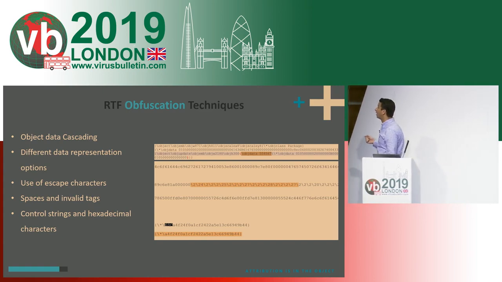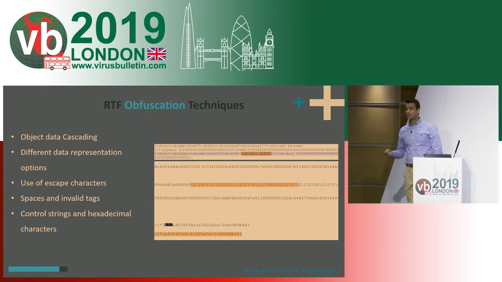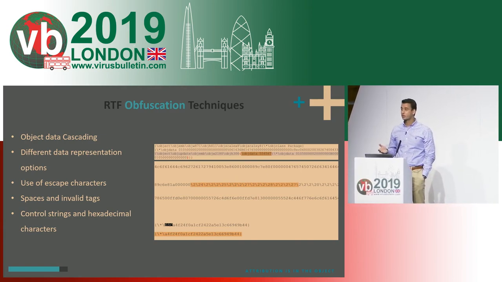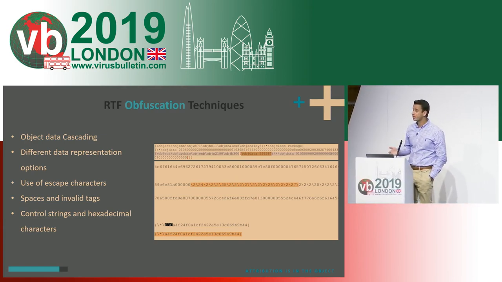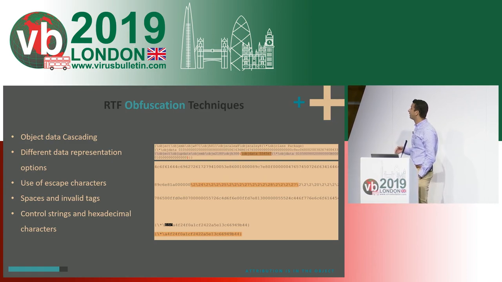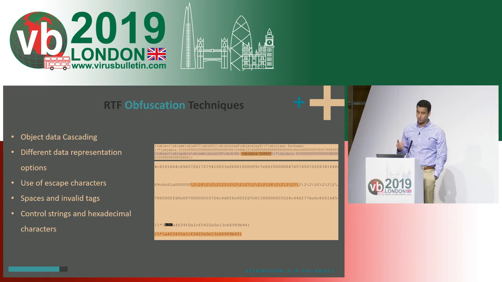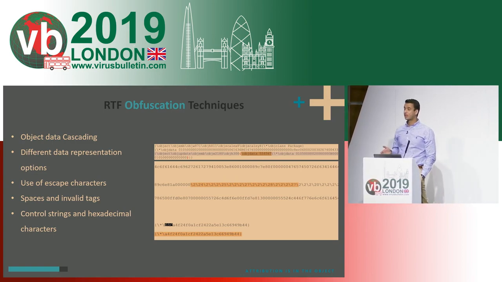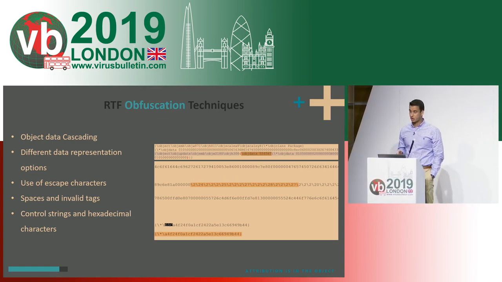For example, you can define an object inside the data, and this object can contain invalid characters, and still RTF parsers will be able to parse it in the right way. You can use different character encoding techniques, white spaces, new lines, and still the RTF file will be valid. But for AV scanners or analysis tools, it will be very challenging to extract the payload.